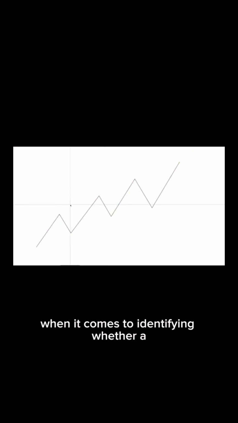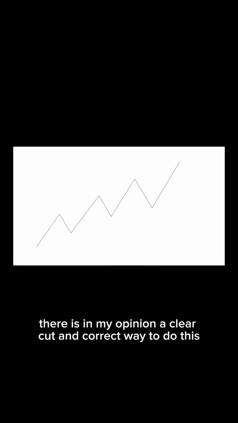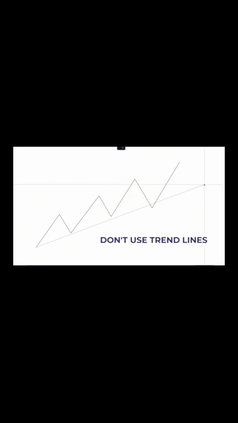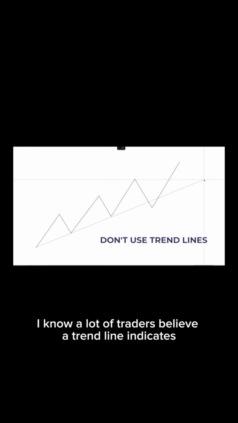When it comes to identifying whether a market is in an uptrend or downtrend, there is, in my opinion, a clear-cut and correct way to do this. Now, we don't want to use things like trend lines. I know a lot of traders believe a trend line indicates the direction of the market.